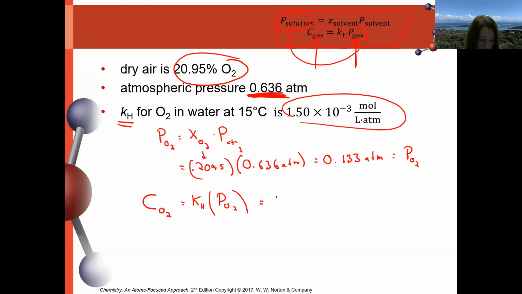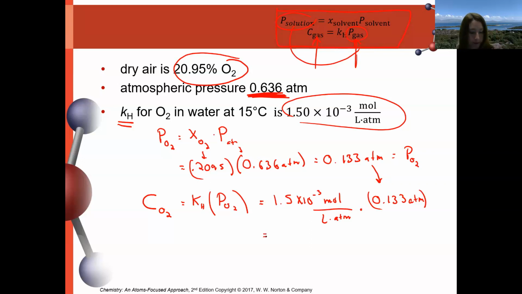So again, this is given to you, 1.5 times 10 to the negative 3 moles per liter atmospheres, times our partial pressure of oxygen, which is going to be 0.133 atmospheres. I ran out of room. Okay, I'm going to be writing really small in a second.